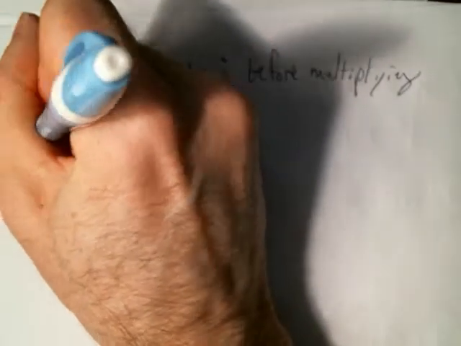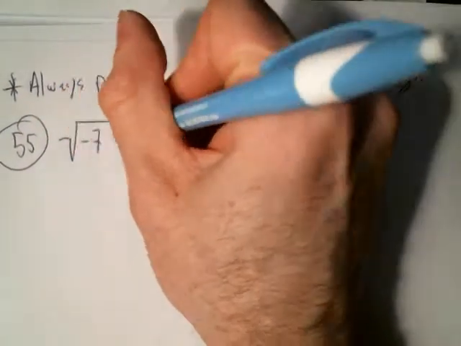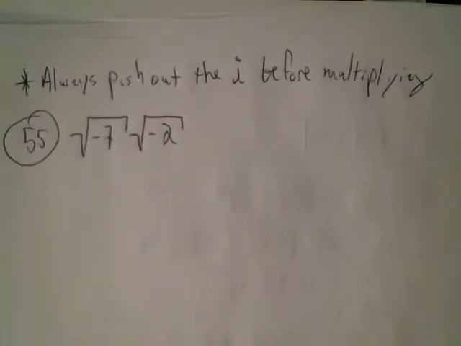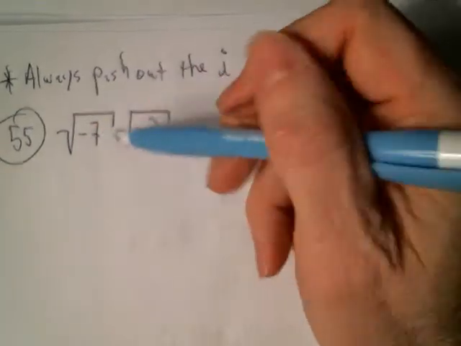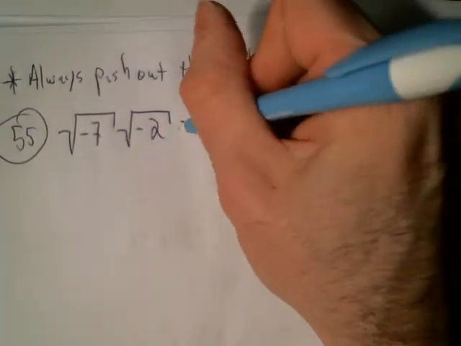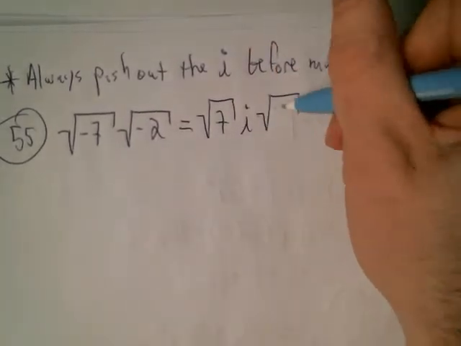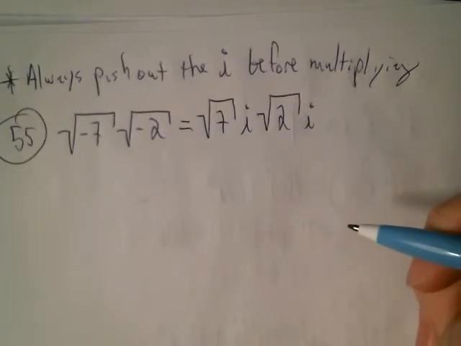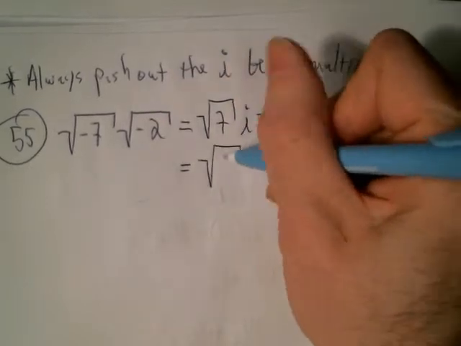So just in particular, number 55, I have negative radical negative 7 times radical negative 2. The way they want you to do it is to first rewrite these as radical 7i times radical 2i. And then you'll have, well, radical 7 times radical 2 is radical 14.